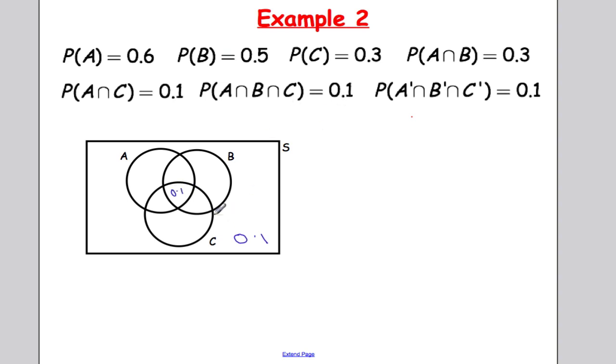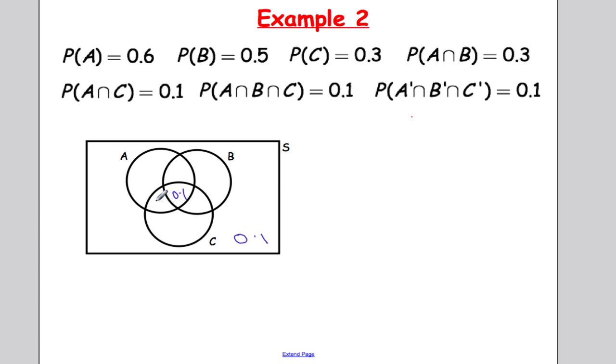Now, how can I use what I have so far to try and help me solve the problem? So let's keep working backwards. Well, I'm told that A intersection C, which is this region here, is 0.1. Well, if I know that this part is 0.1, that means that what's left, let's put that back in, 0.1.